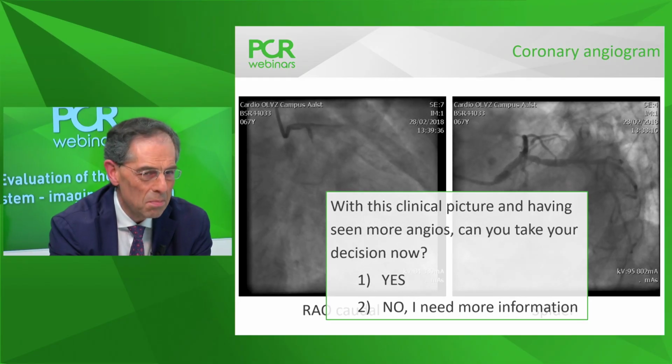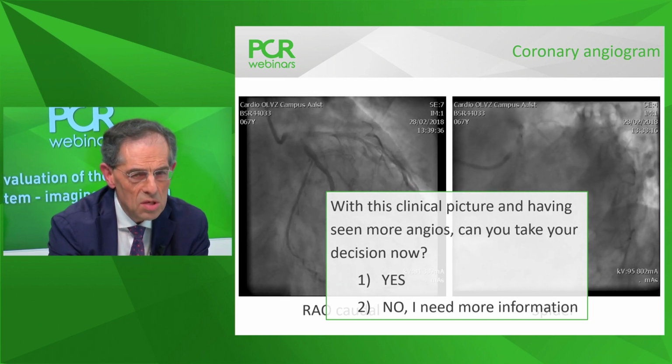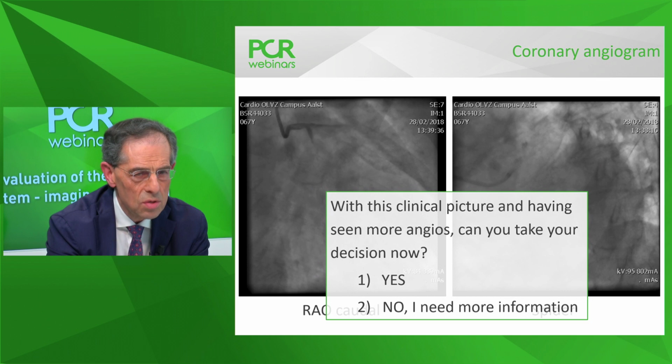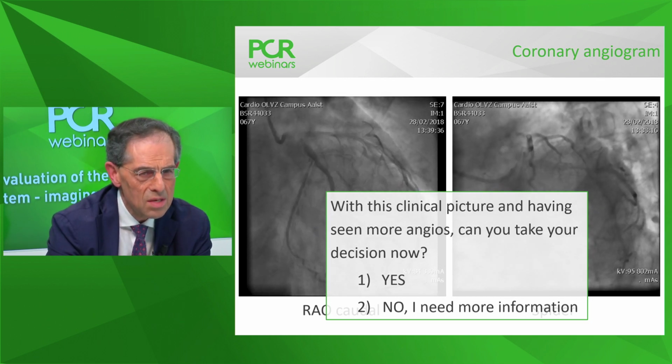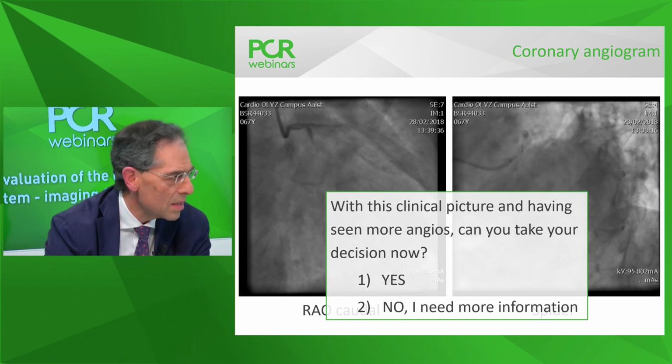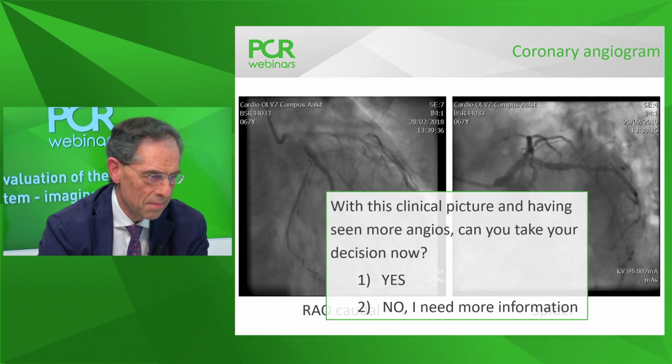I'm challenged about the hypertrophy with the ECG changes, despite the fact that we use multiple views and probably a lot of contrast. We still have a lot of uncertainty about the ostium of the circumflex, that is a big vessel. So I don't think that we are still at the time when we can make a reasonable decision for this patient based upon the data we have.